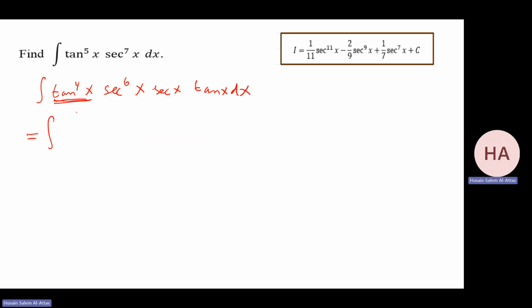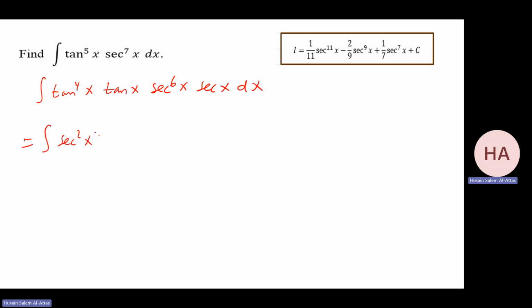So I can do it, you know what, let me do these things in detail. Don't rush it. That will be tan x, and secant I will do the same. I need a secant times tan factor outside as du. So this one, tan to the power 4 is what?